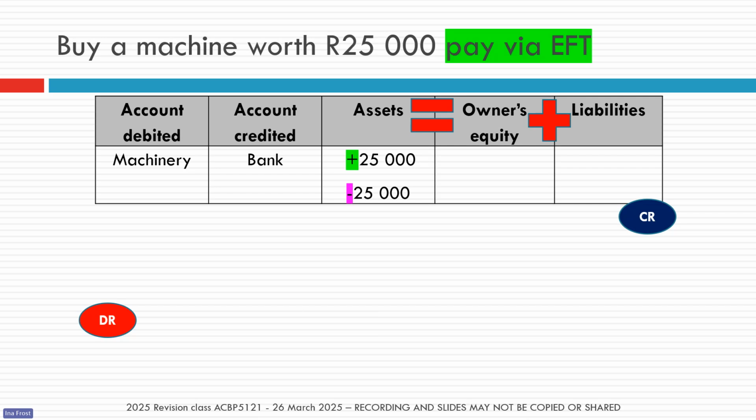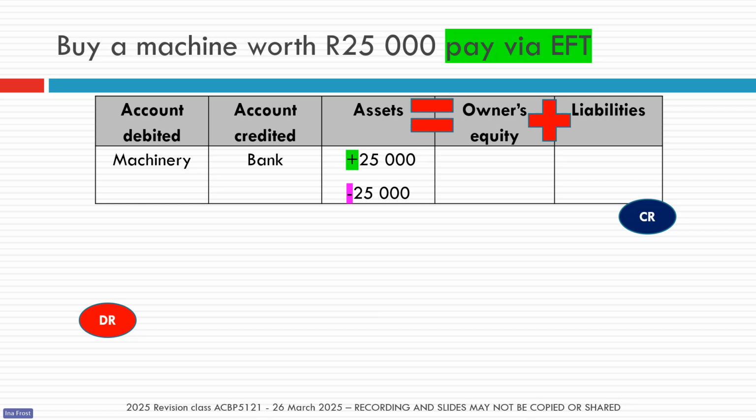An EFT payment is a cash payment, and so the impact is immediately felt in the bank account. And I think earlier, some of you already raised the question, how do we record it if our assets increase and decrease at the same time? So here is now an excellent example of that type of transaction.